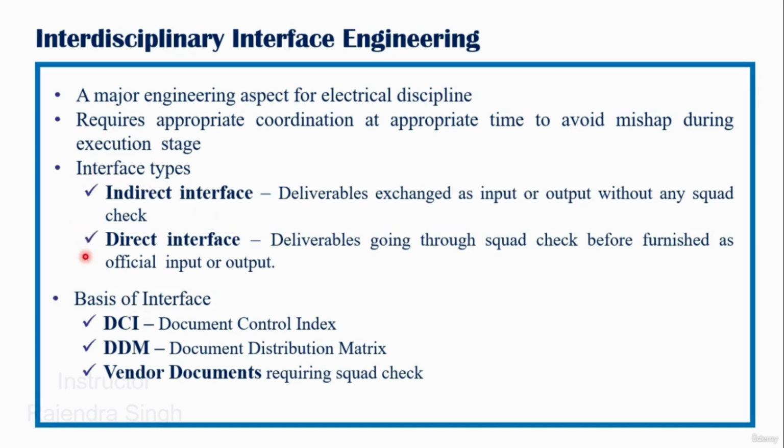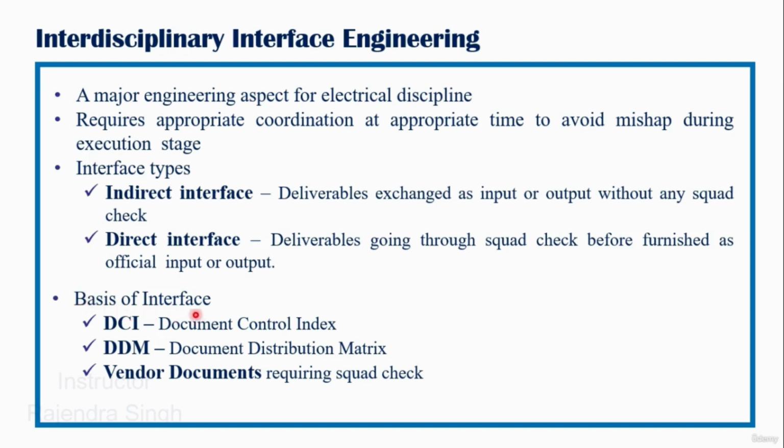These two types of interfaces do happen in the project lifecycle, and they have to be clearly distinguished and identified before the initiation of the project deliverables, and agreed and aligned with all the stakeholders of the project.